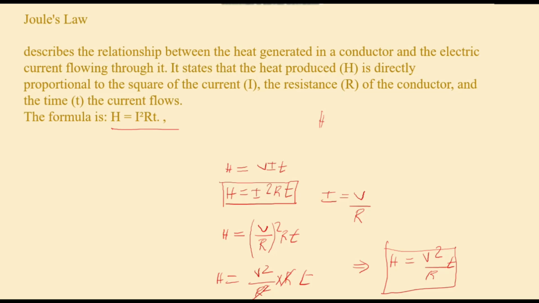When a current flows through a conductor, the produced heat is directly proportional to the current squared, to the resistance, and to the time. So we can write H is equal to I square RT. This is the equation of Joule's law.